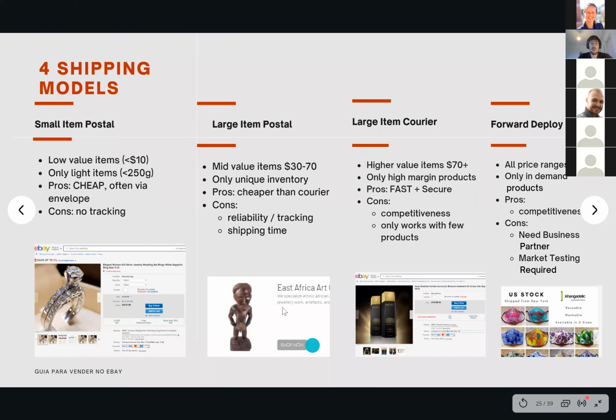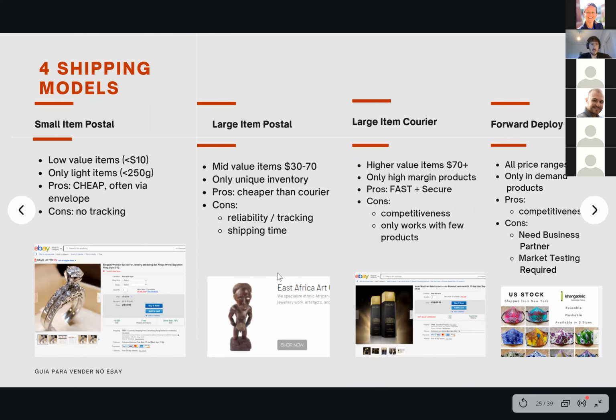The example I have here is a seller that I've met that's based in Rwanda, in the heart of Africa, and she doesn't have a good rate with any courier, so she'd have to pay probably $60 or more to ship an item like this wooden figure. However, when she uses postal services, it's about maybe $25 to $40, and she's had a good experience with the postal service. It's been reliable, and so she's using that.